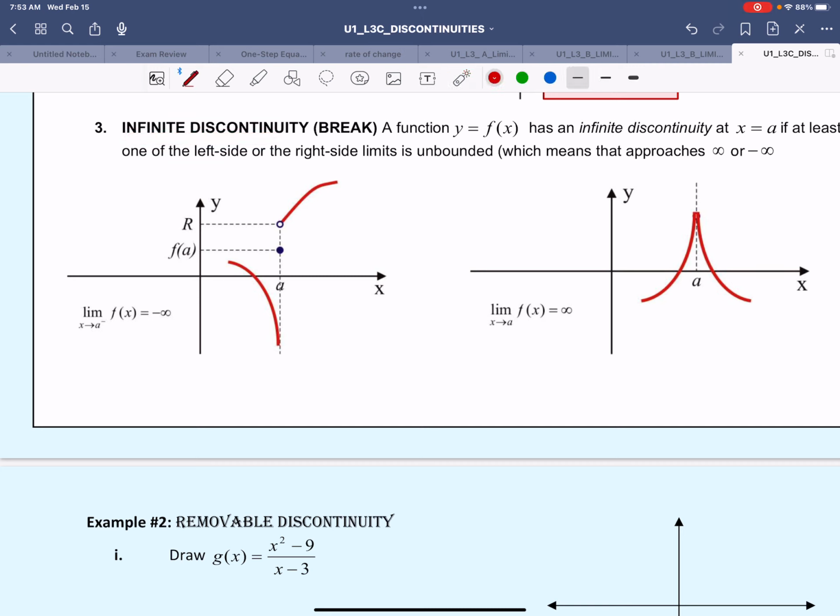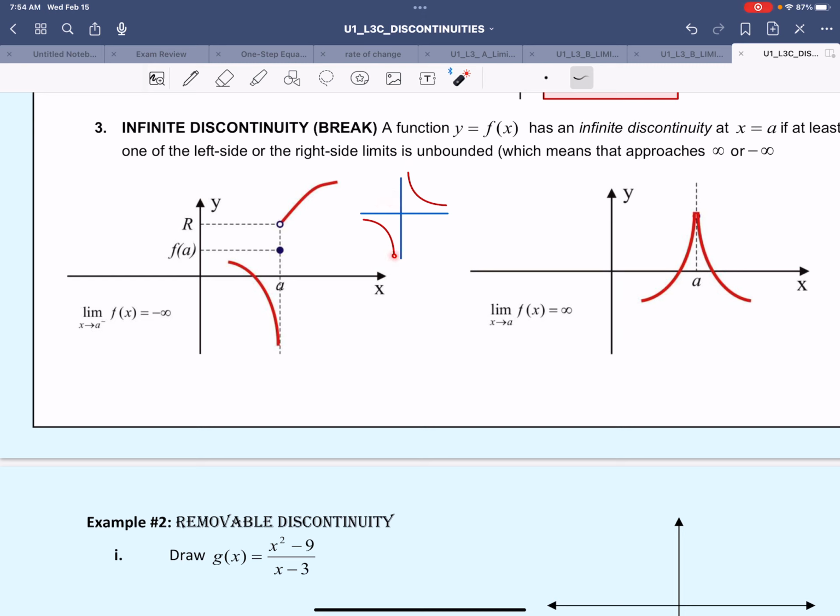So infinite discontinuity may appear in this shape, or it may also appear in this shape, and this is a very popular kind of graph that we have seen before. So in the graph of the function y equals 1 over x, the limit on the left is negative infinity and on the right is positive infinity.